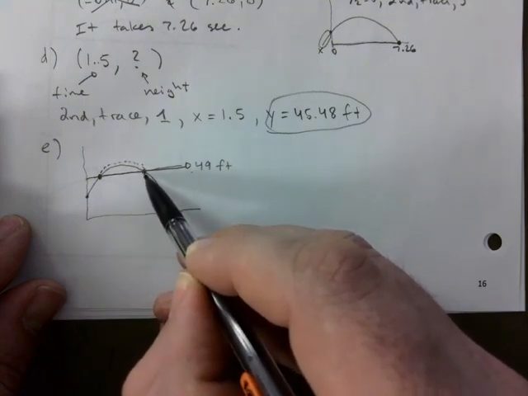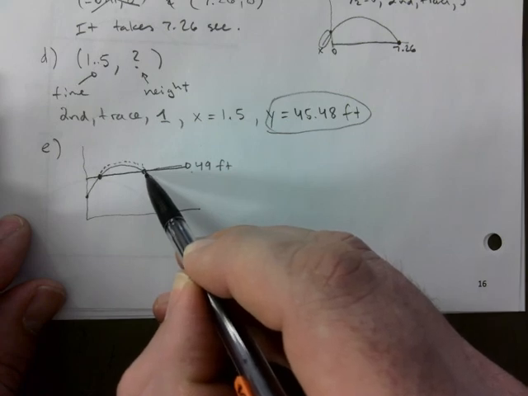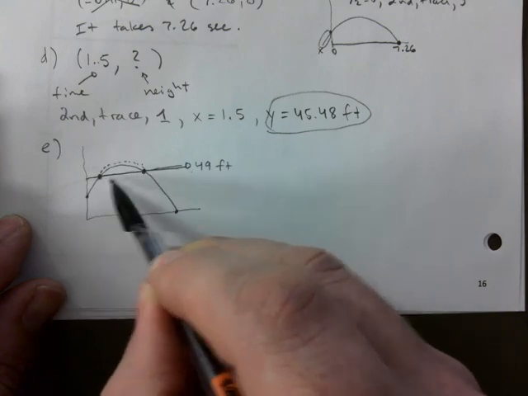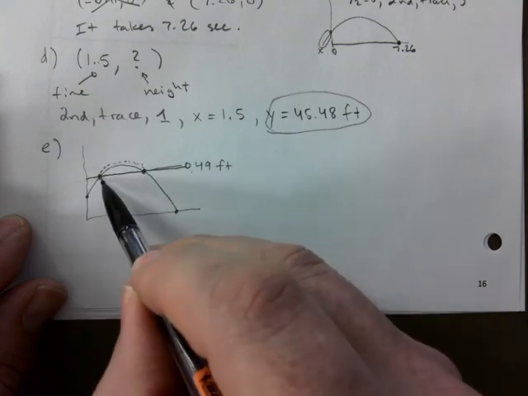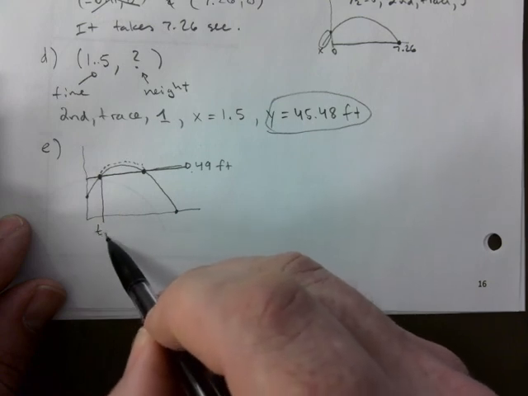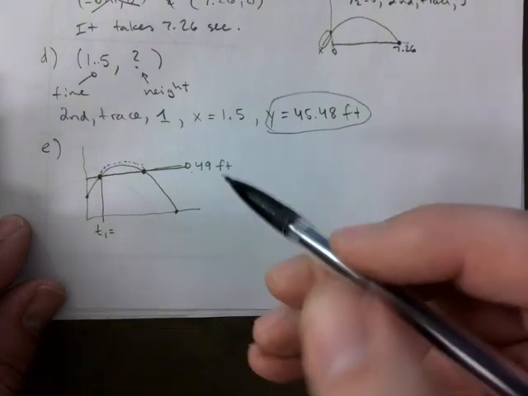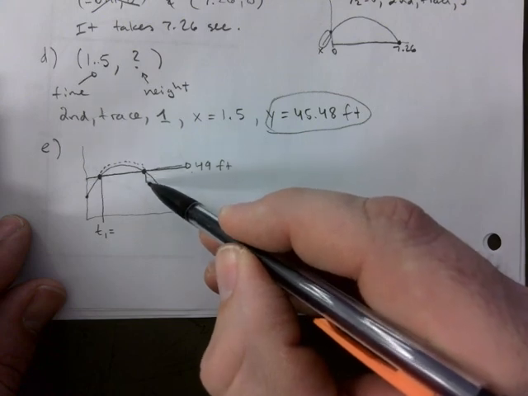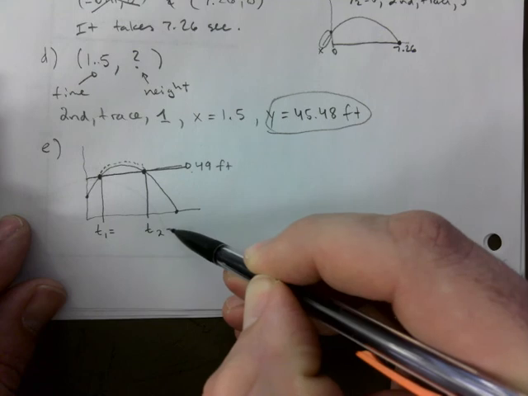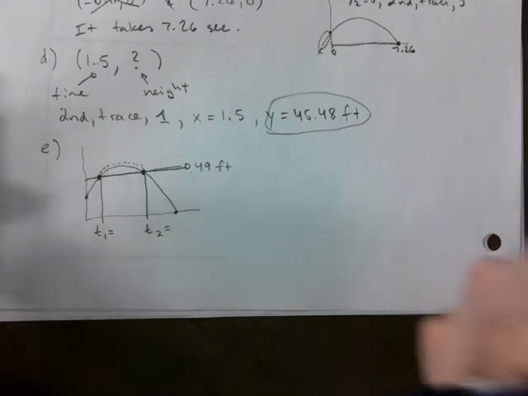It will get there again. Okay, so there's a time frame that elapses between these two coordinates. Watch what I do. I just go down and I call this time 1. And I find the second one and I call this time 2. And we're going to find those 2 times.